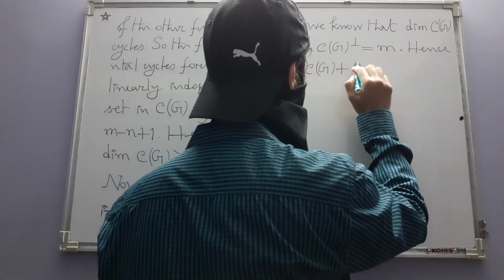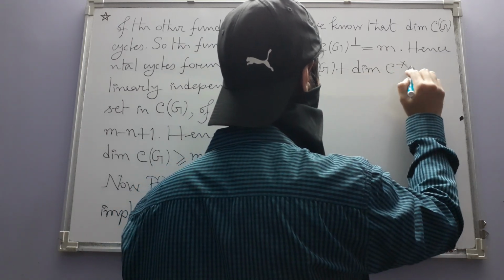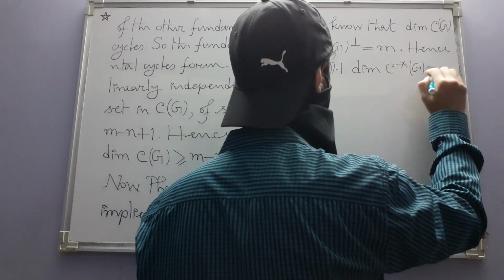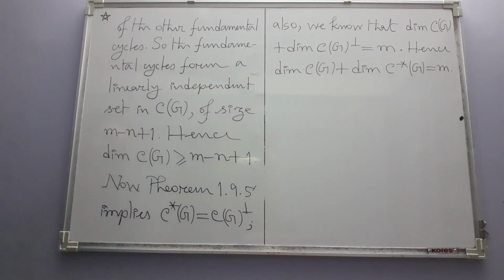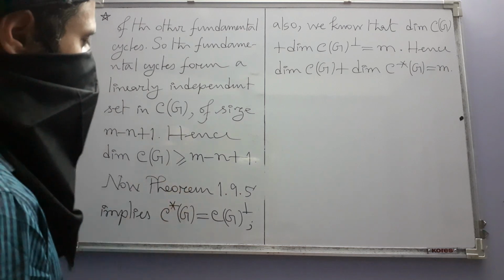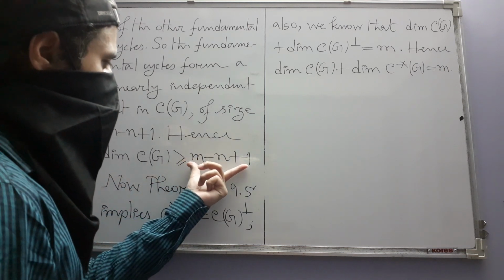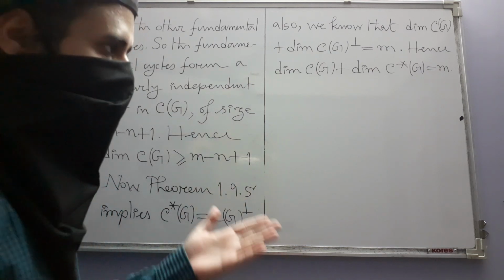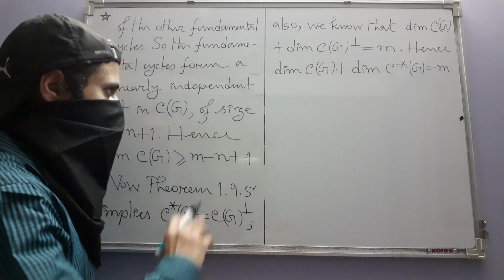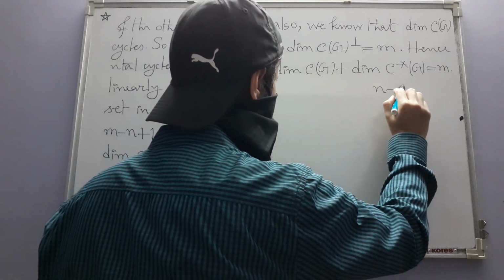plus is equal to M. Okay, now you think of the inequalities. This number is at least M minus N plus 1. It can be higher. That possibility is here. And that other number, this is at least N minus 1.